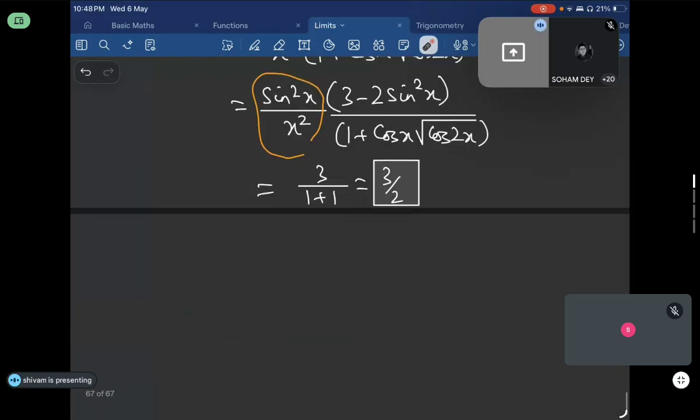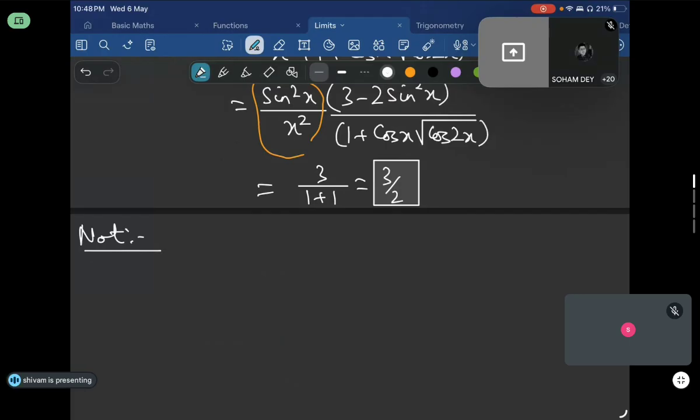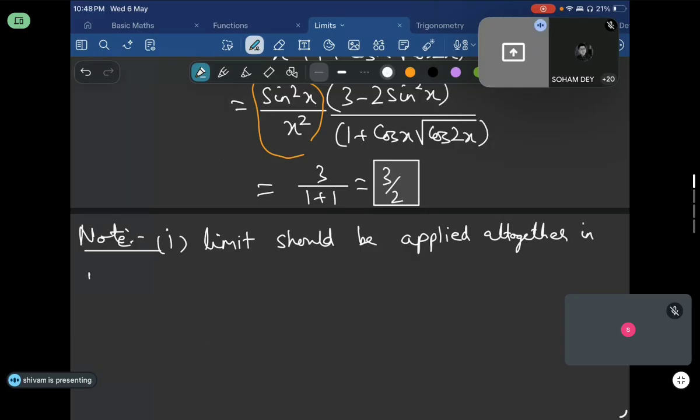Next. Note. So just now we have seen that limit should be applied all together in the function, not separately.